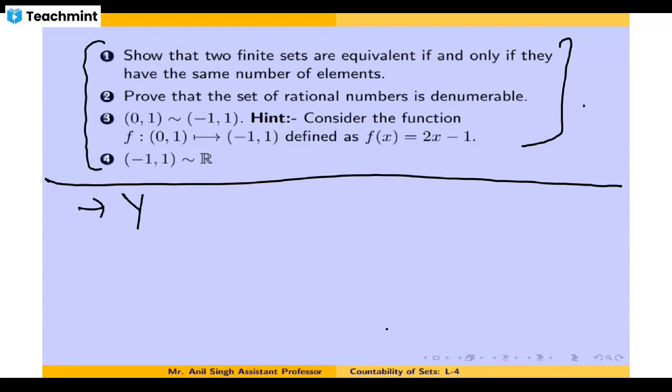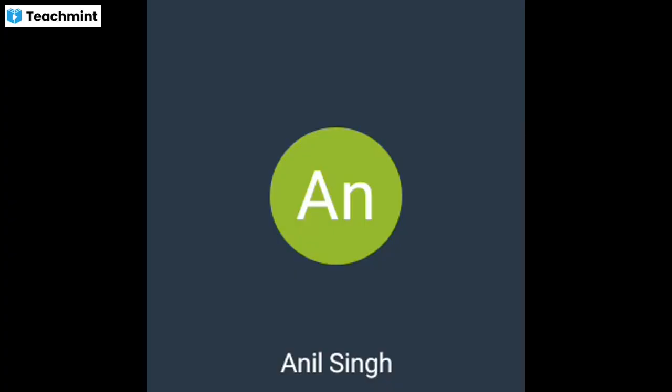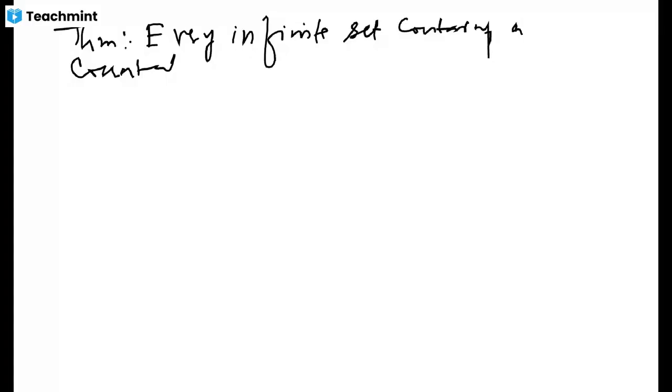Just let me consider the board. Okay, so what we have to establish is that an infinite set contains a countably infinite set.